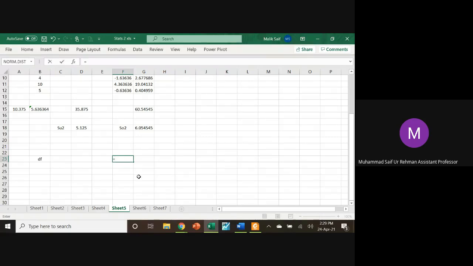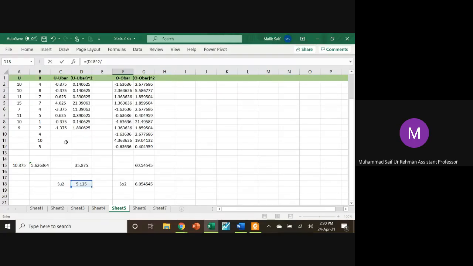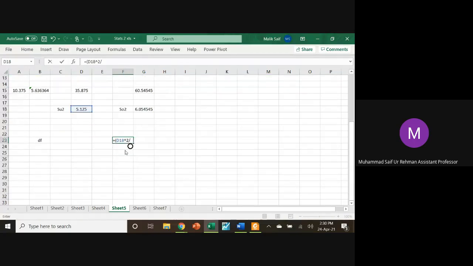So equal to S1 square, so that is this value, divided by NU. So how many values are there? 8. So write down 8.